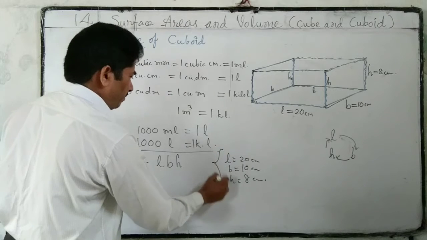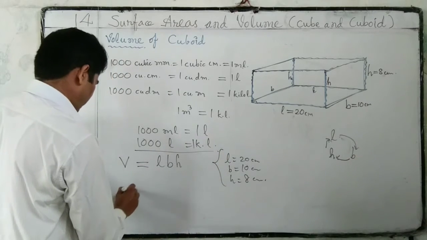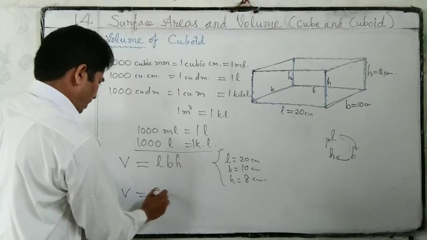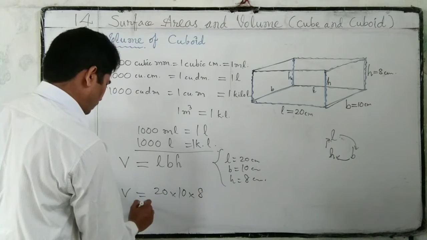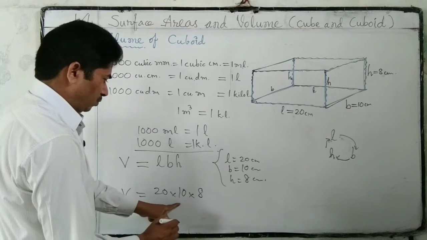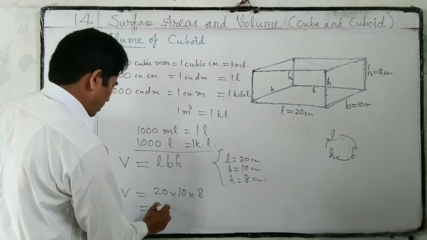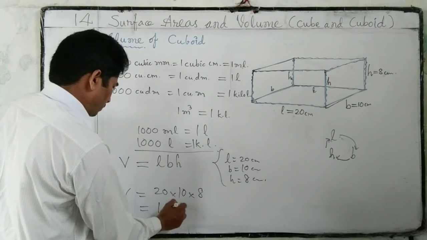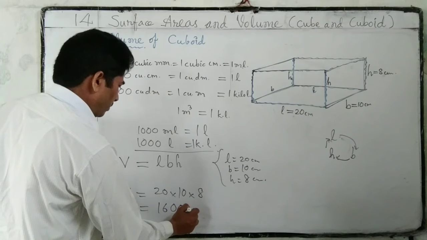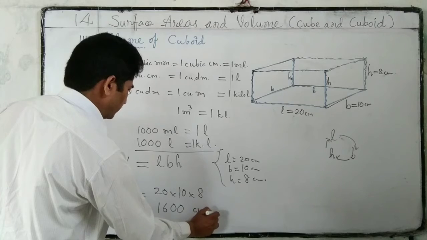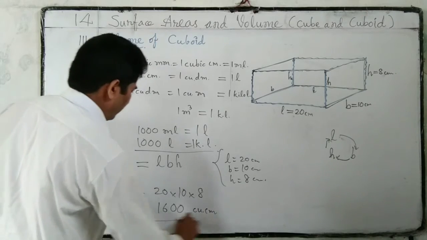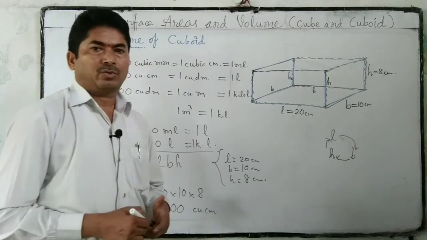If given these values, we can find volume: length 20, breadth 10, height 8. So 2 ones are 2, 2 8s are 16, 2 zeros, 1600 cubic centimeters. So this is the volume of this given cuboid.